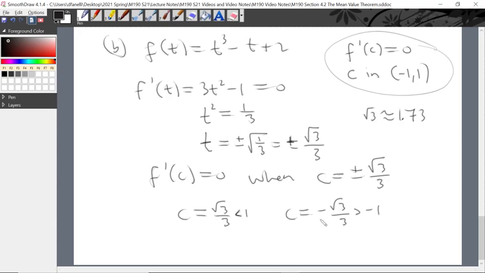So both of them are contained within the interval. So c can equal either negative root 3 over 3 or positive root 3 over 3. In fact, we wanted to find all the values of c such that the statement was true. Those are the values within the open interval from -1 to 1 that satisfy Rolle's theorem.